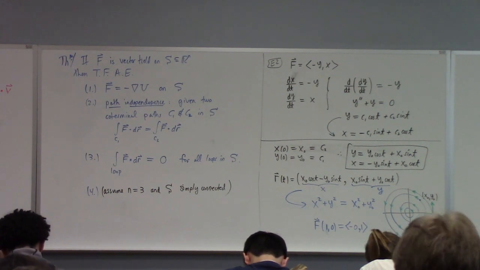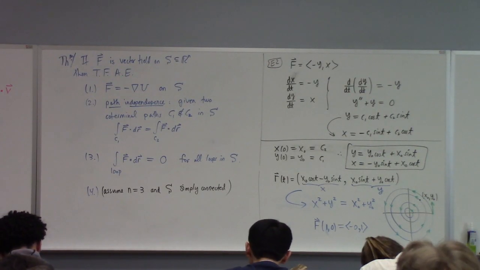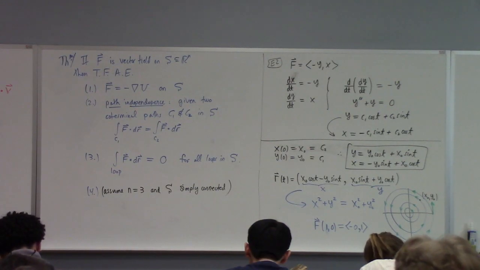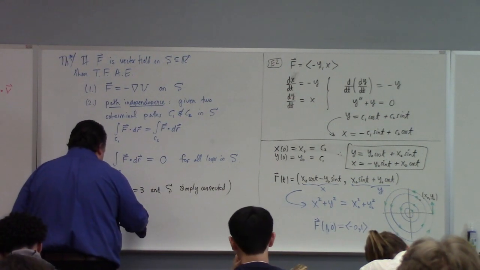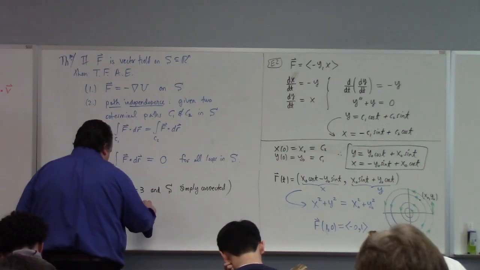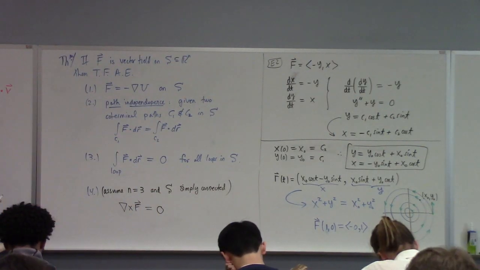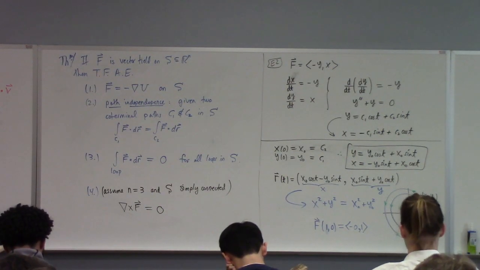In n equals 2, if you take the plane and delete the origin, that's not simply connected because you get hung up on the missing point at the origin. But in this context, we can also add the curl of F is equal to 0. That is a sufficient condition to imply the existence of a potential energy function.